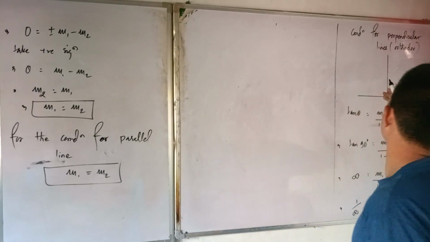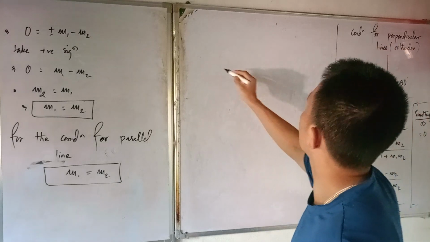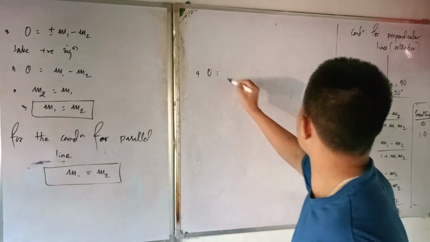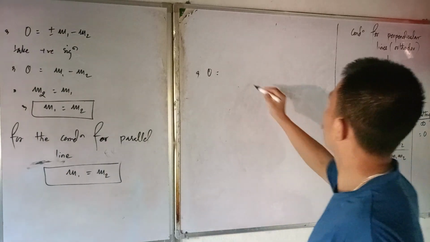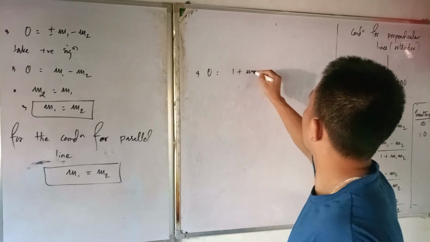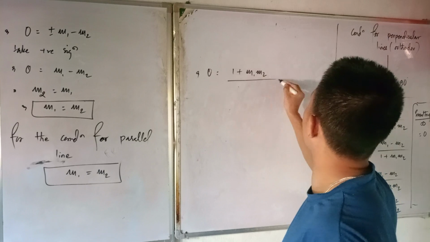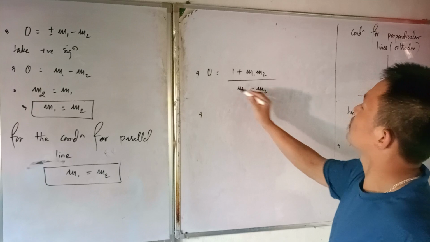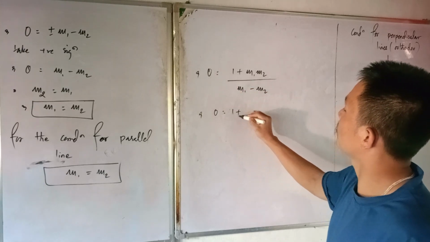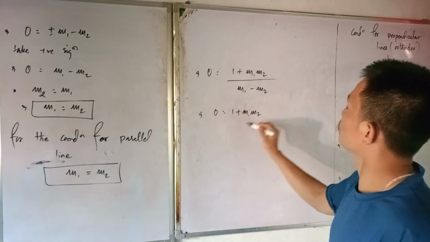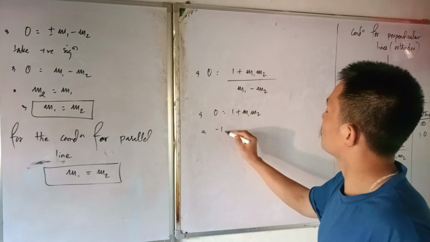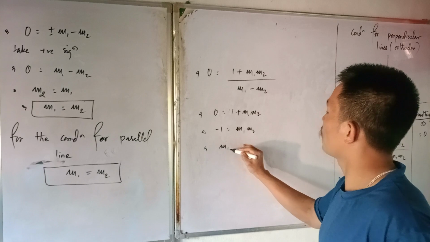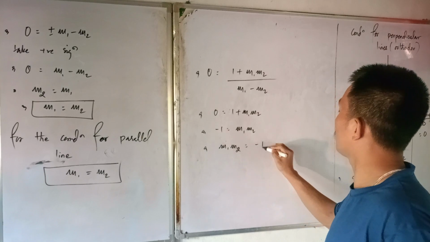For perpendicular lines, something by infinity means you can write there 0, and 1 plus m1 m2 divided by m1 minus m2. When you multiply these terms with 0, it becomes 0 here, 1 plus m1 m2, or if you move to the other side, it becomes m1 m2 is equal to minus 1.